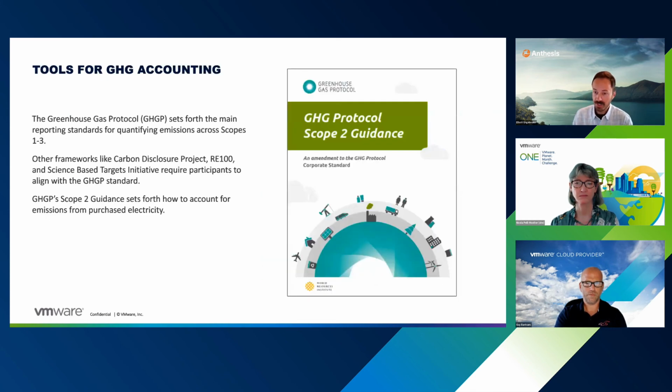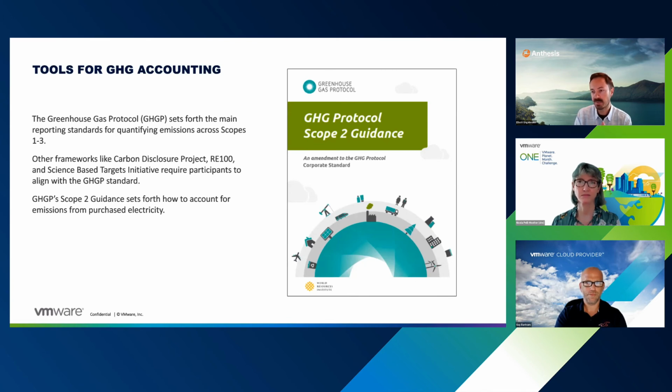There's a lot that goes into greenhouse gas accounting, but luckily there are a lot of tools out there for you. The main greenhouse gas accounting Bible, if you will, is the Greenhouse Gas Protocol. This is a group comprised of experts from a few other groups, but mainly the World Resources Institute. They basically set the rules for how to do greenhouse gas accounting, inclusive of scopes 1 through 3.